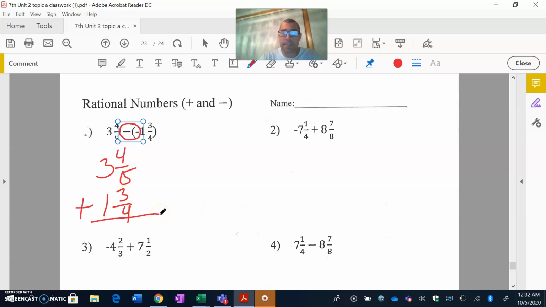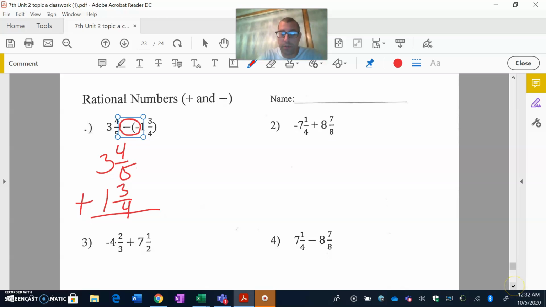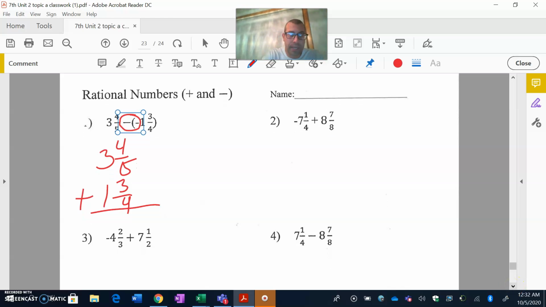Whereas in question number 2, we have a negative number and a positive number, so we're actually going to end up doing a subtraction problem. Just keep that in mind, and watch for your signs at the end.